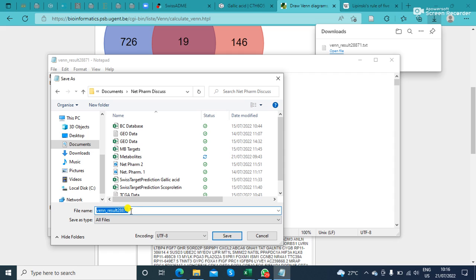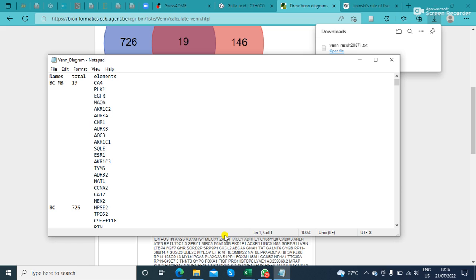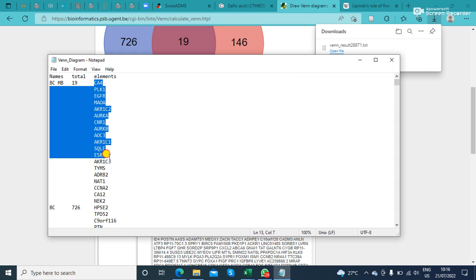So our Venn diagram, I can save it there. Or if you want, you can just copy what we need, the 19. We just copy the 19 common genes, and we create an Excel file.